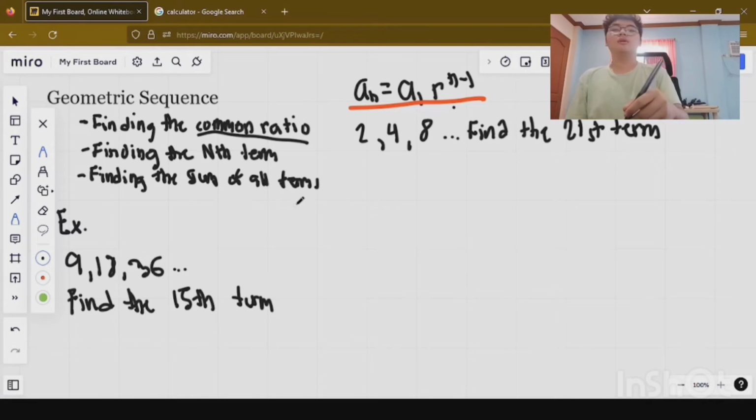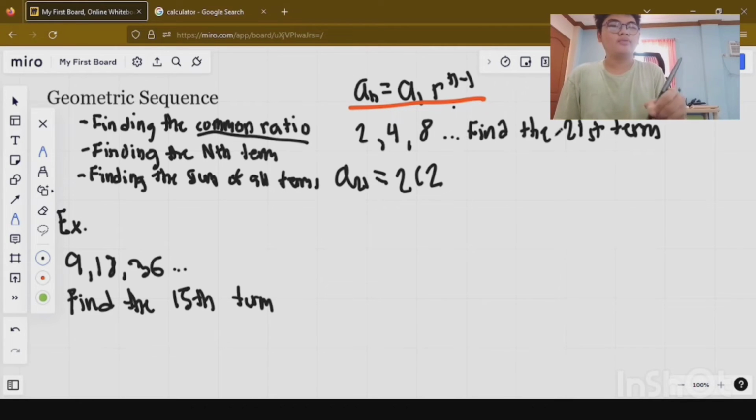Okay, so with this formula right here, a sub 1 is 2, the common ratio is also 2, and n is 21 minus 1, which is just 20.